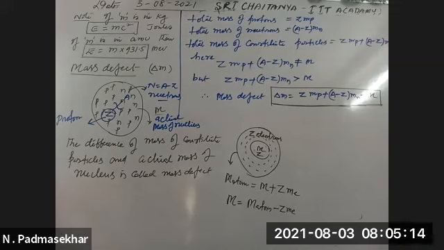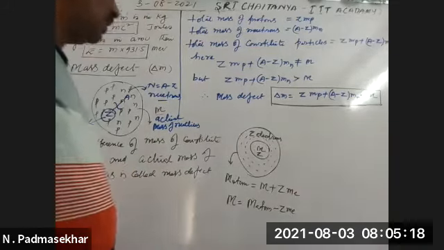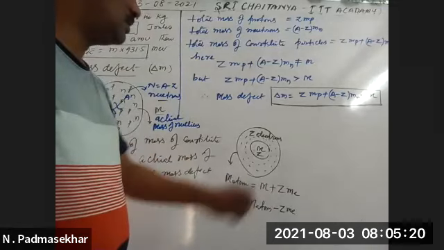The mass of the nucleus is equal to M atom minus ZMe, or the mass of the atom is equal to M plus ZMe.